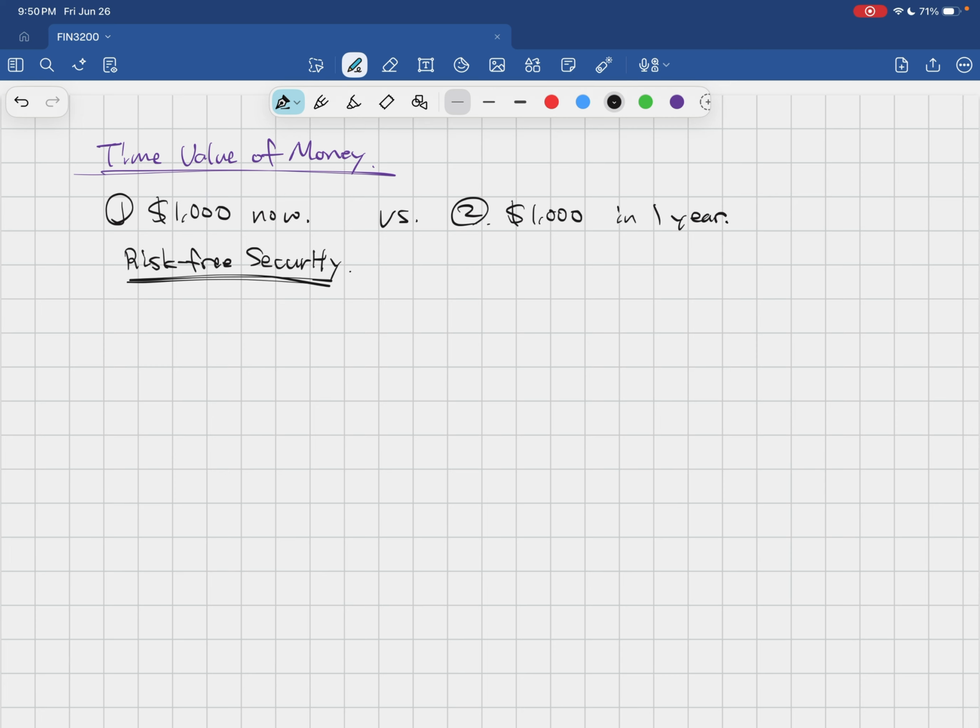Risk-free security. This thing is a theoretical concept. So we're gonna assume that there exists a security that is completely risk-free.